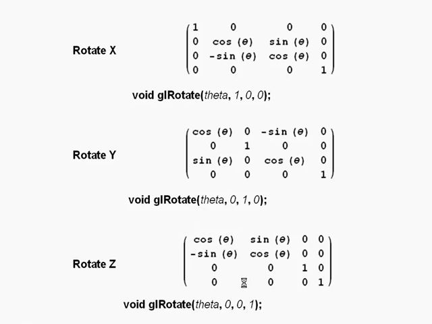But then we get into glRotate, and right now several of our viewers just fainted. The three basic operations with a rotate are rotating around the x-axis, y-axis, and z-axis. The glRotate function in OpenGL allows us to rotate around any axis. The last 3 parameters in the glRotate call specify which axis we rotate around.